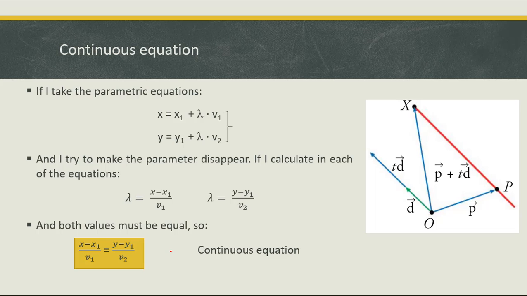I'm going to speak now about the continuous equation. I start by the parametric equation. As I told you, parametric equations in fact are another way of writing the vectorial equation. It's just to split a vectorial equation into two numerical equations. But probably you don't like this way of giving values to the lambda, to the parameter, and obtaining different points.